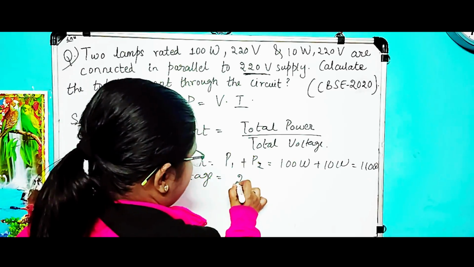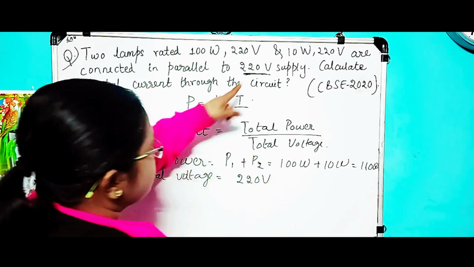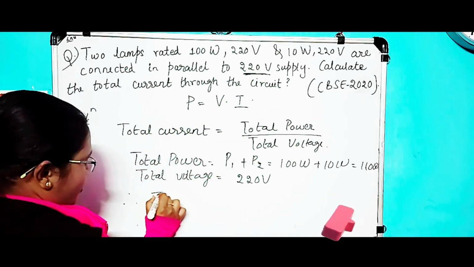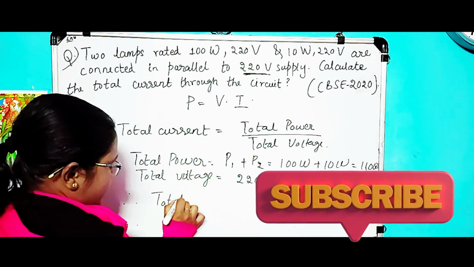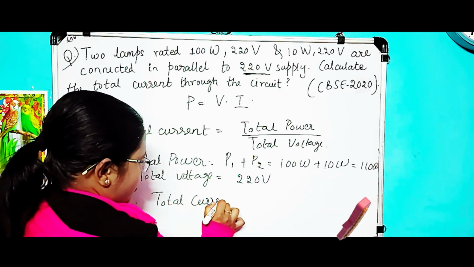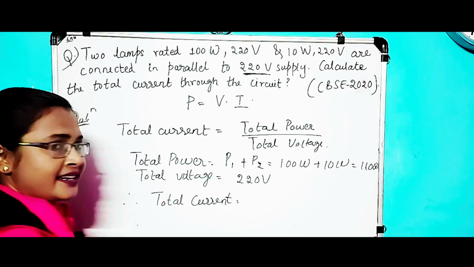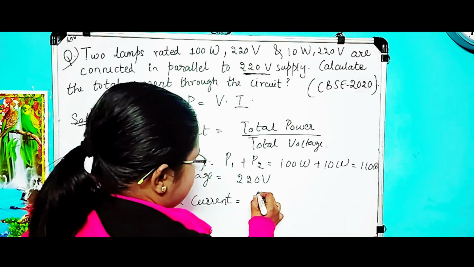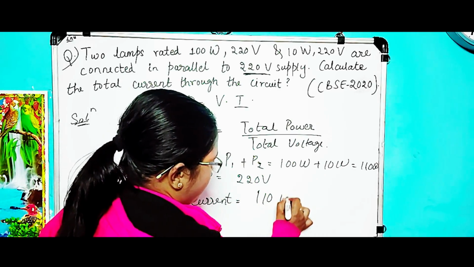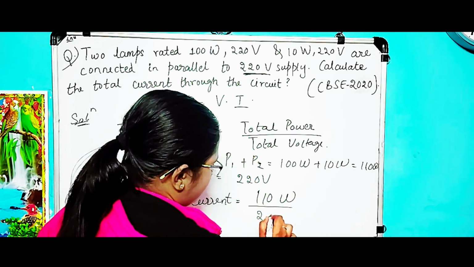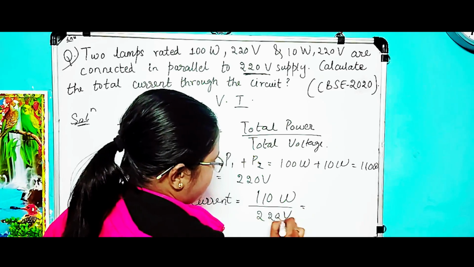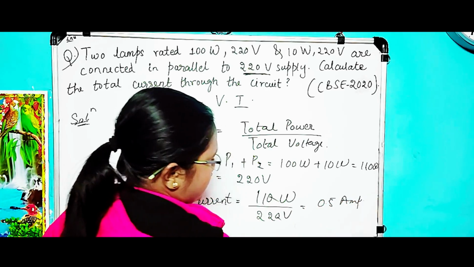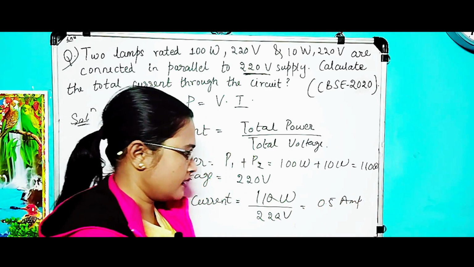It equals 220 volt, since it is connected to the supply of 220 volt. Therefore, how can we find total current? This is a simple trick. You don't need to find individual currents and add them. You can find it by total power by voltage, that is 110 watt by 220 volt, which equals 0.5 ampere, right? 0.5 ampere.